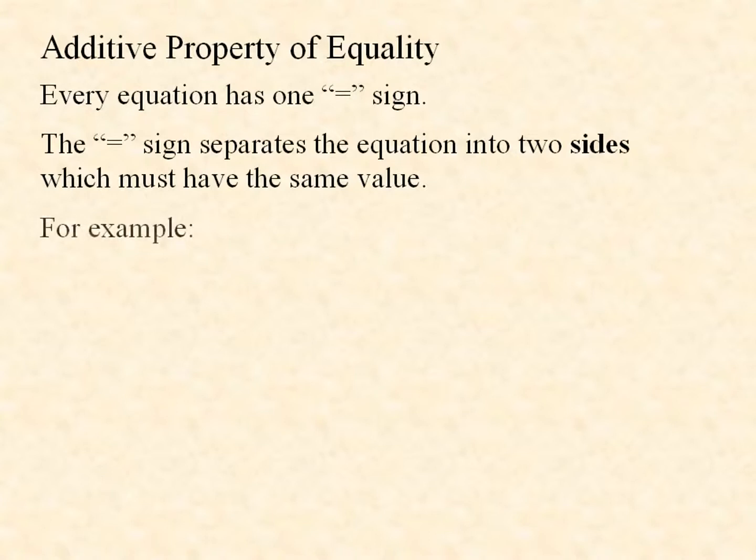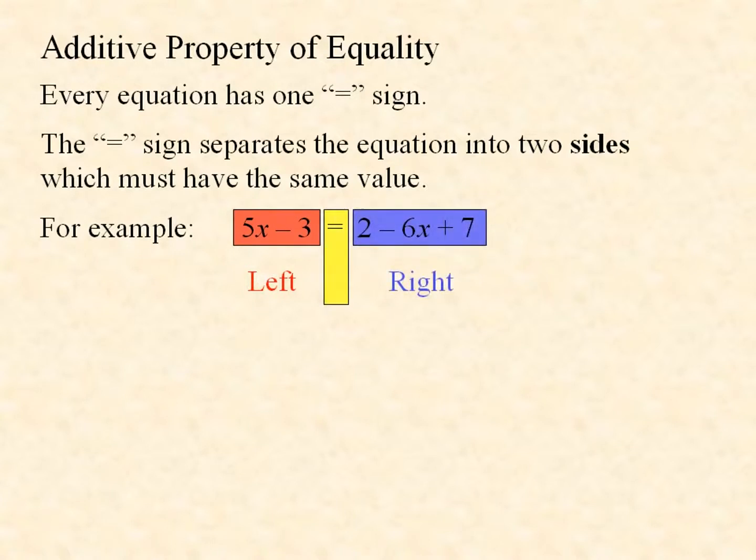For example, 5x minus 3 equals 2 minus 6x plus 7 is an equation because it has one equal sign. And the equal sign separates this equation into a left side and a right side. The two sides in this case consist of expressions with the variable x.